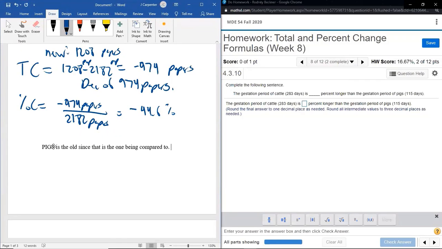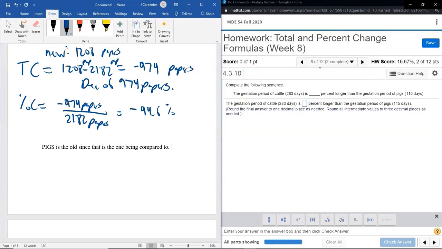If they had said pigs blah blah blah percent longer than cattle, then we'd call the cattle the original because the longer than is what signifies what we're going to call the original. Again, it's not really an old and a new in that sense. It's just us deciding to compare one thing versus another and which one we're using as the baseline. And this language says to use the pigs as a baseline.